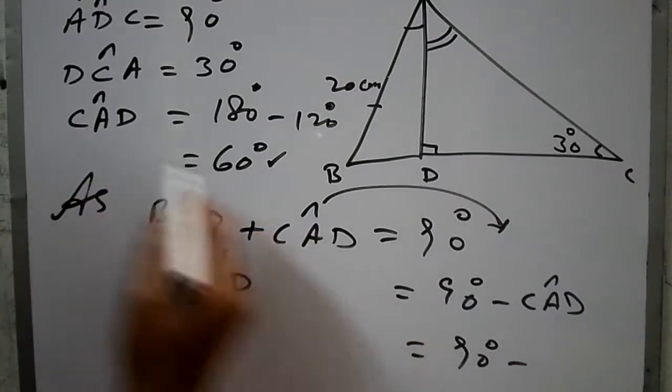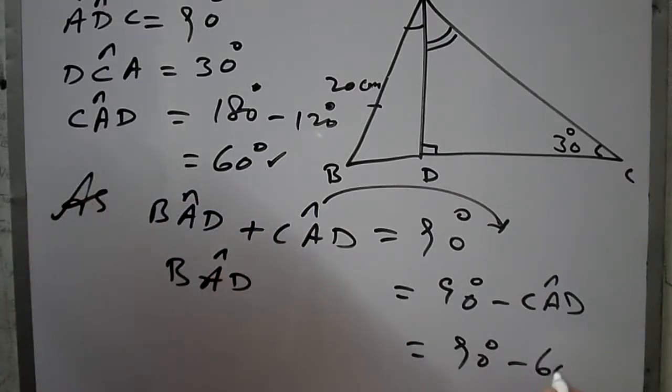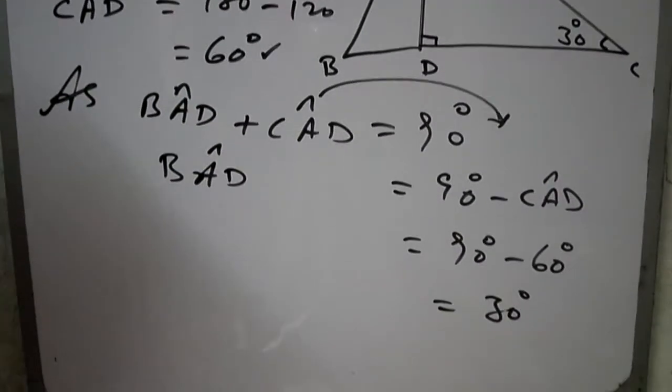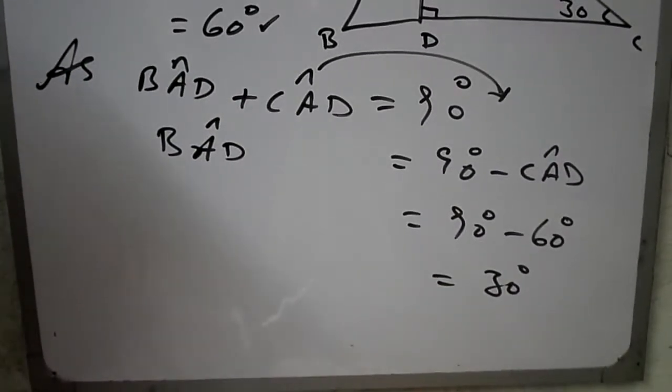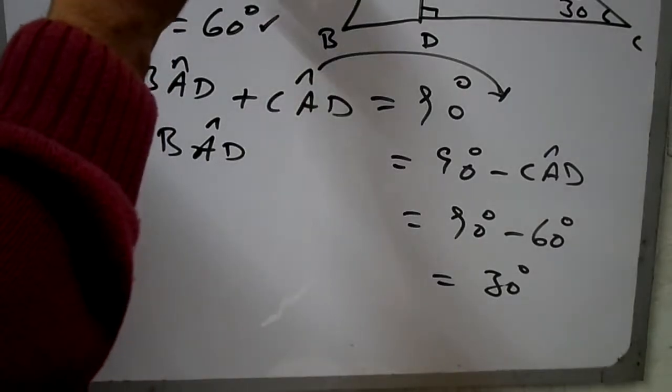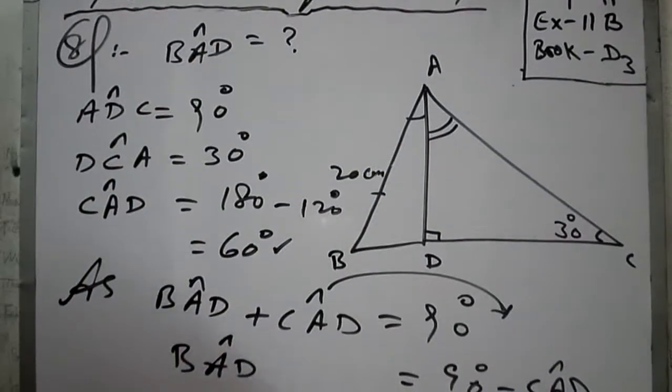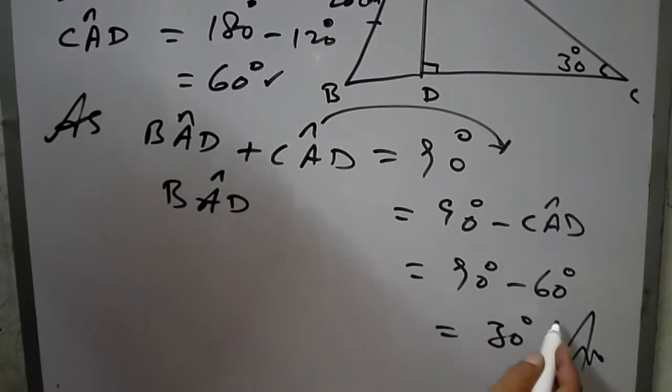Right here CAD is 60 degree, so you will get 30 degree. Because we have to find the BAD angle, that is your result.